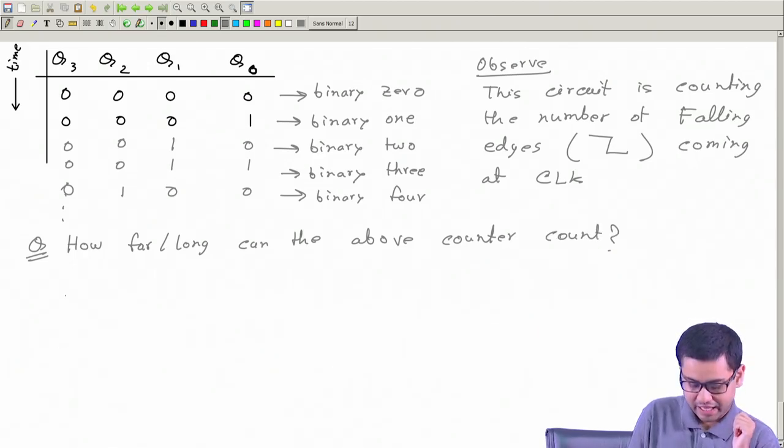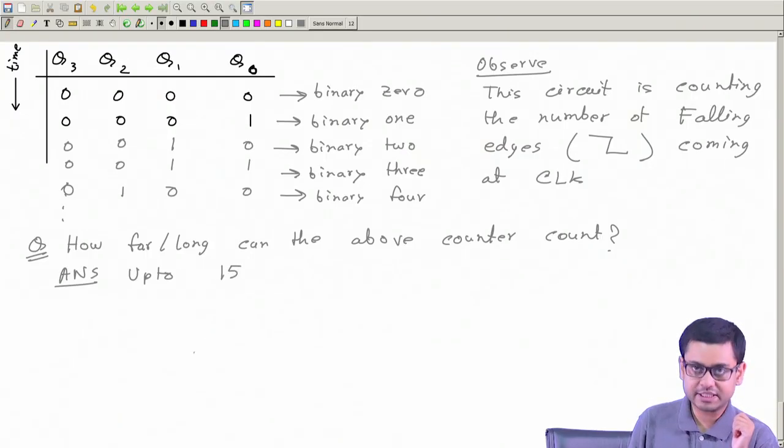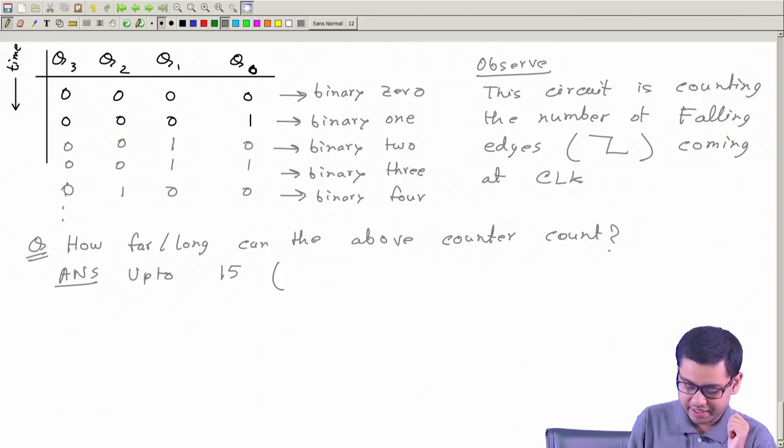Do you have the answer? The answer is up to decimal 15, which in binary means 1111.